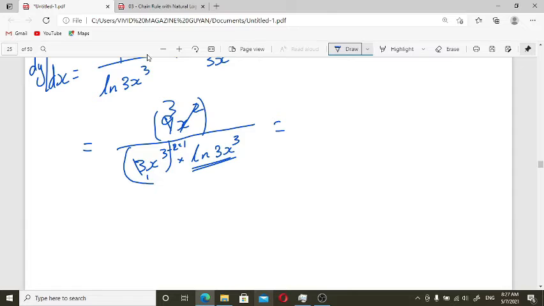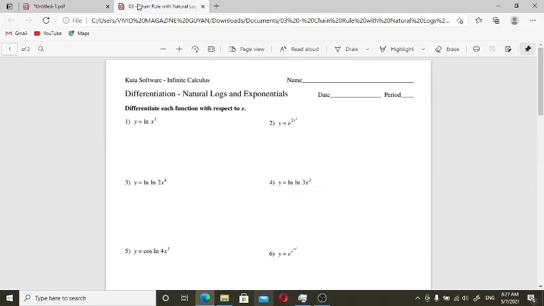So what I'm left with is 3 being divided by x ln 3x cubed. Yep, that's it. All right, so you see these are not difficult. It's just remembering what to do and how to do it.